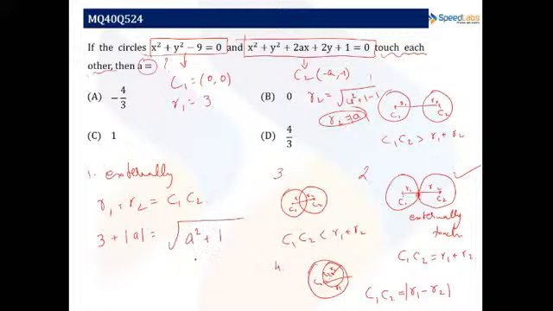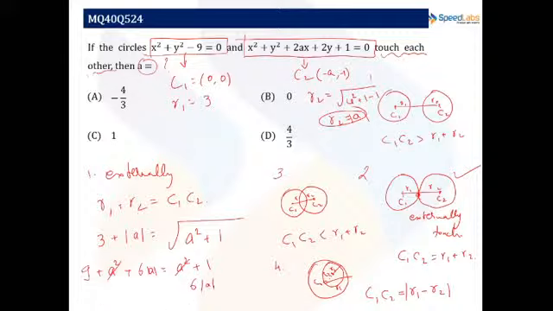That will be under root A square plus 1. On squaring both the sides, 9 plus A square plus 6 mod A will be equals to A square plus 1.